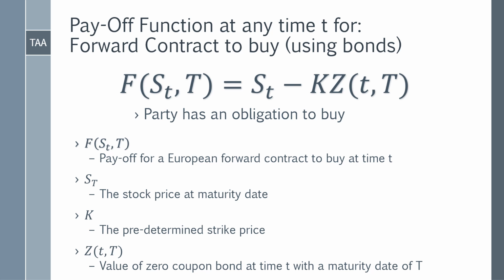The reasoning behind this is so we don't cause an arbitrage, because you could invest the strike price into a zero coupon bond, earning interest on that at maturity, and therefore create arbitrage. But by factoring it in when calculating at time t, this makes sure we hold by the no arbitrage rule.